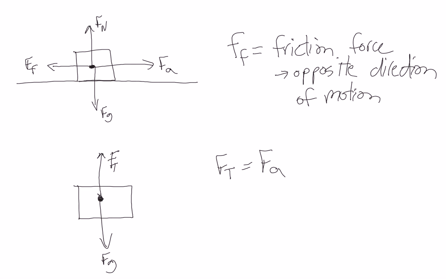Okay, I think that takes care of everything, so just be careful of labeling them. The other force that we use often is net force, and that's what we're going to talk about in our next lesson.